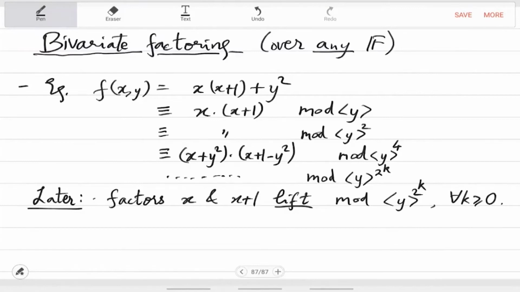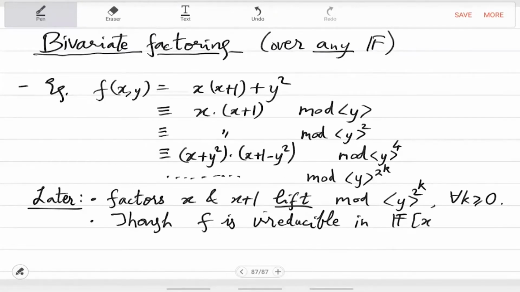Although f is irreducible in any field, right, you don't expect f to factor over any field, actually finite field or Q. Okay, fine. Yeah, let us understand this step.